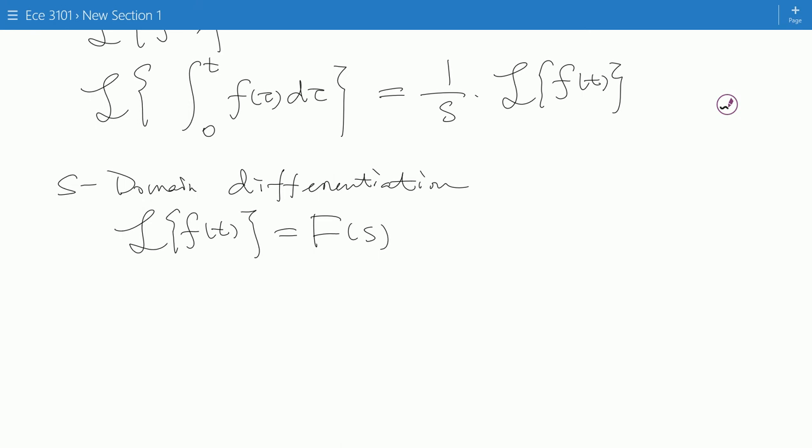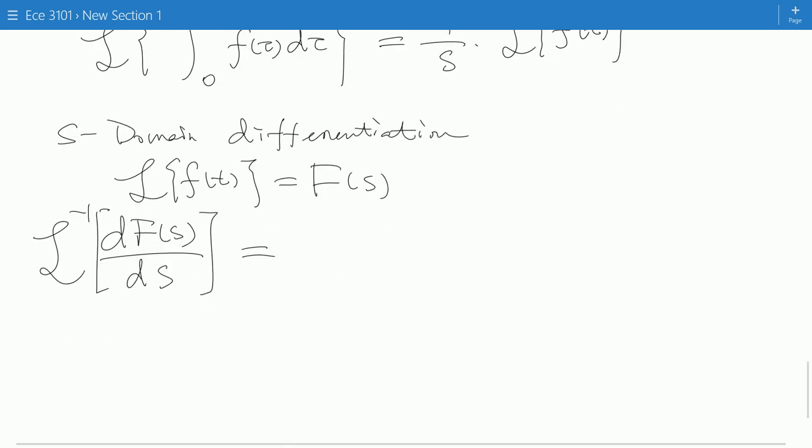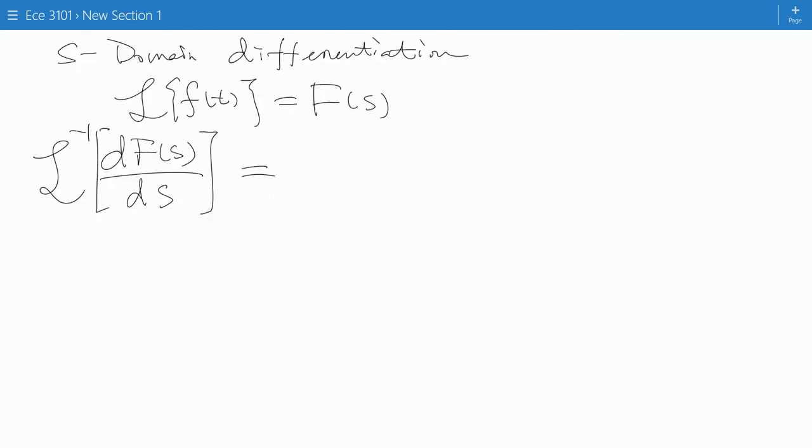Simple. Now, if we want to take the derivative of F of s with respect to s, and let's assume we want to do the inverse Laplace transform of this, the corresponding time domain function should have a certain relationship with the original f of t.